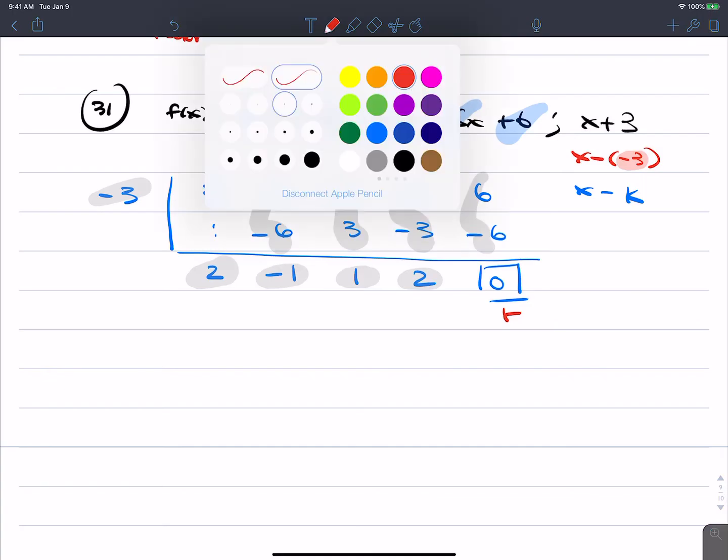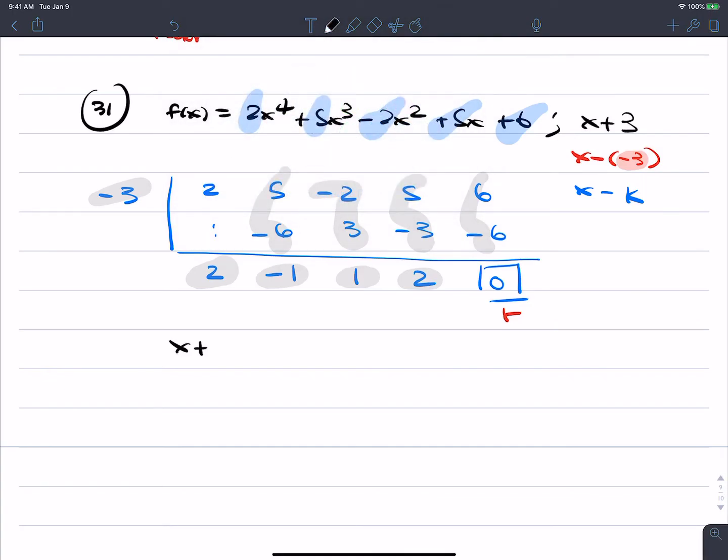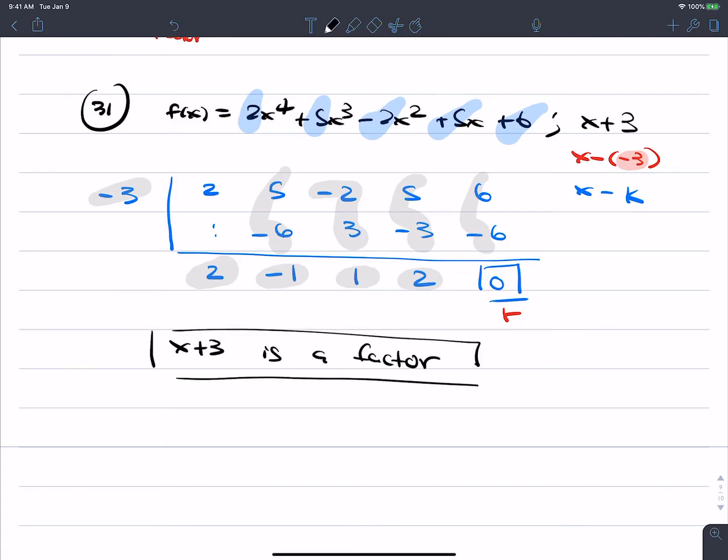What we've shown here is that x plus 3 is a factor. Now let's write down what this means. This is our quotient function. Since the highest power here is 4, that means x cubed, x squared, x, those are the coefficients for your quotient function.